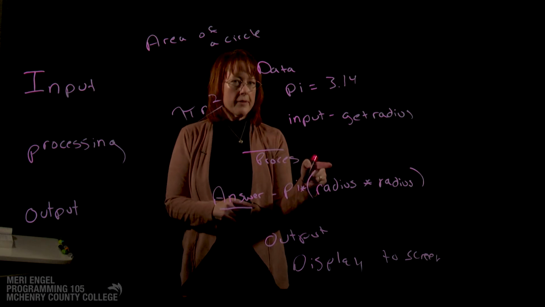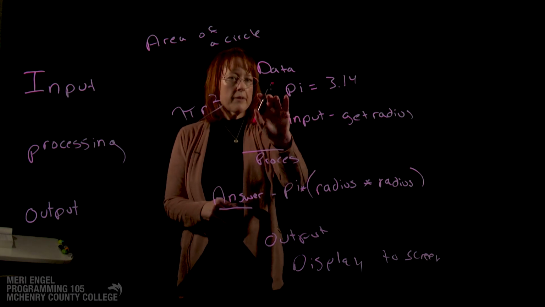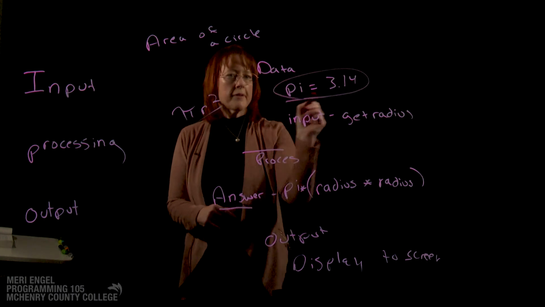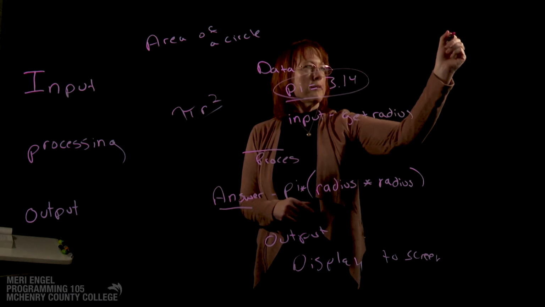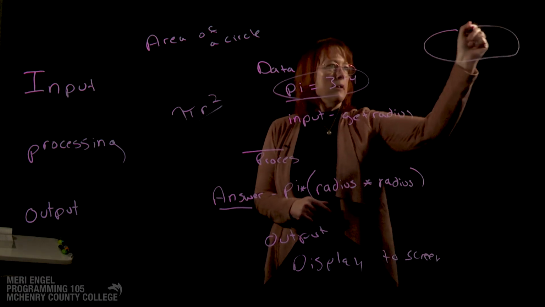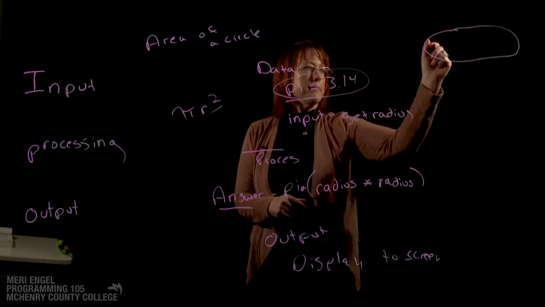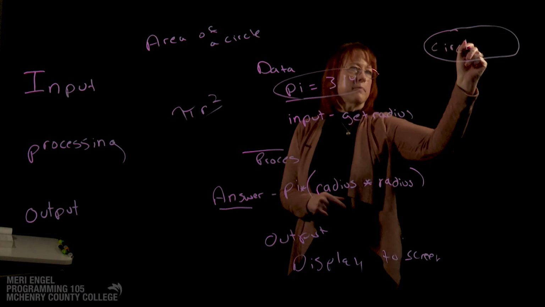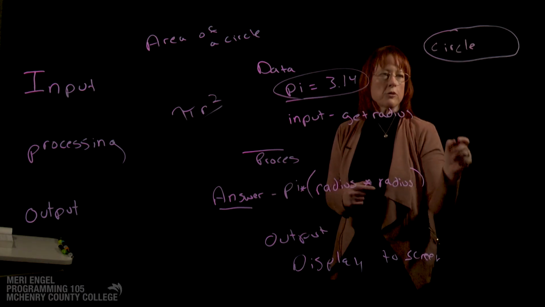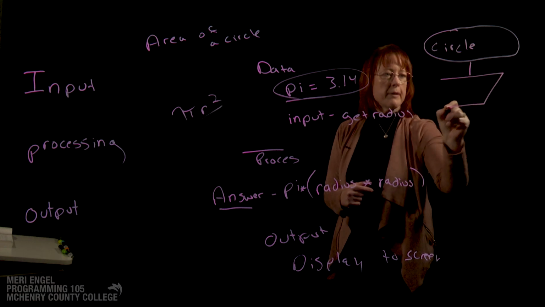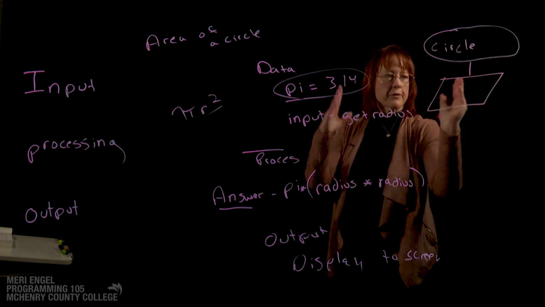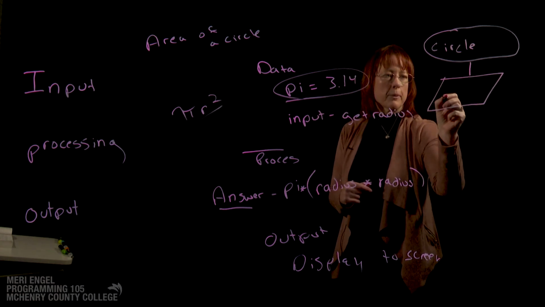If we were to represent this in a flowchart, we don't represent the constants, but we would do input. Our flowchart would start with the program name, so it would be named circle. And then we would go into input, and the symbol for input and output is the same one. It's this angular rectangle or parallelogram.